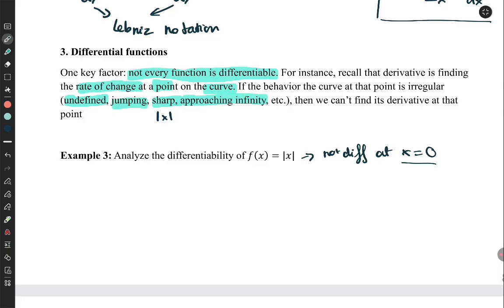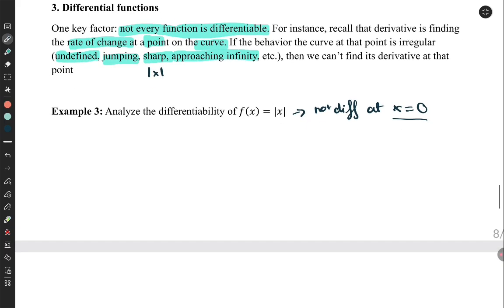All right, let's do this example. Absolute value. V for victory, right there. Right, absolute value. 0 at the origin. Okay, let's analyze differentiability everywhere of that function across the domain.